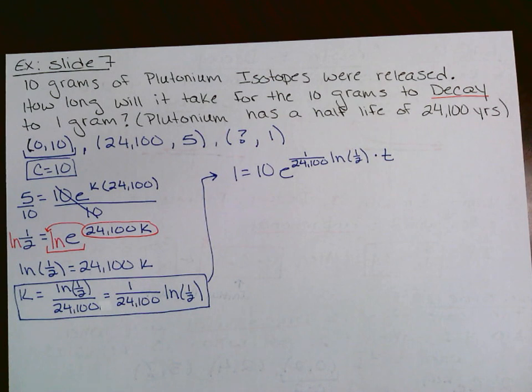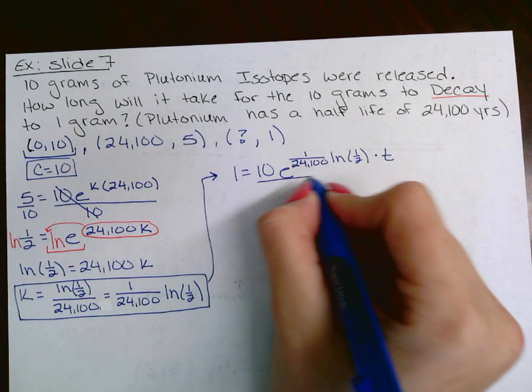So my work is going to look a little different on this question. I need to get T by itself. And since T is up in the exponent, my work is going to look a lot like this left side over here when I had to get that K by itself. Okay? So step 1, divide by the 10.